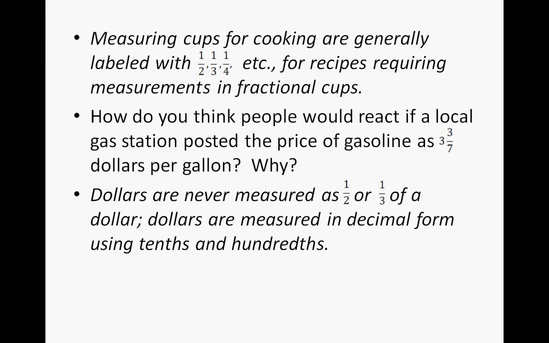We always measure dollars in decimal form using tenths and hundredths. So it'd be $5.37, which is 0.37 or 37 hundredths. So that's why if someone were to post it as 3 3/7 per gallon, you'd probably have a lot of people asking, what is 3/7?